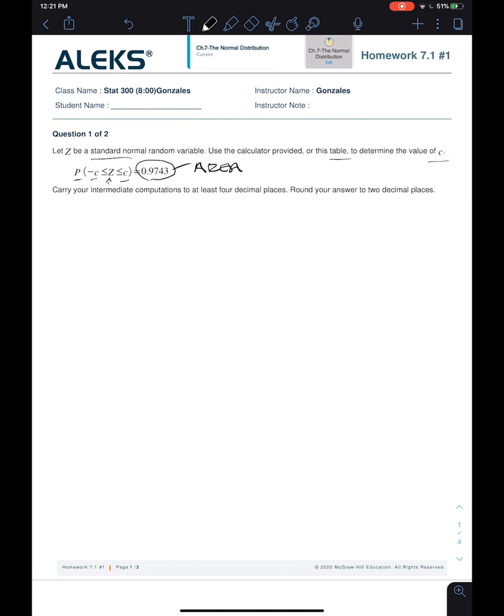So really, here's what the picture is going to look like. Got our standard normal curve, and there's 0, and we want to know, if we are in between, so these are supposed to be perfectly the same, except opposite sides. That's negative c and that's positive c.